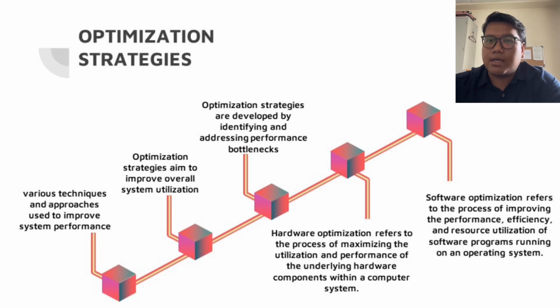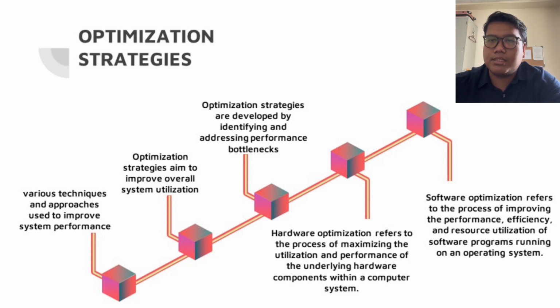Optimization strategies are basically developed by identifying and addressing performance bottlenecks in a system. Just like the bottlenecks which are caused by both hardware and software limitations, optimization strategies could also be classified into hardware and software.